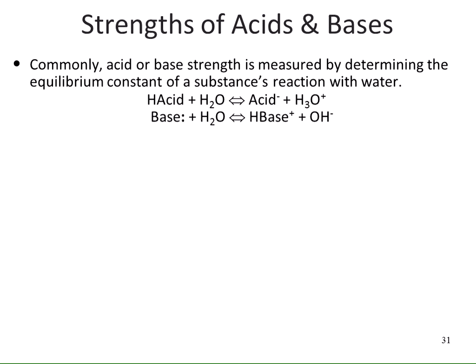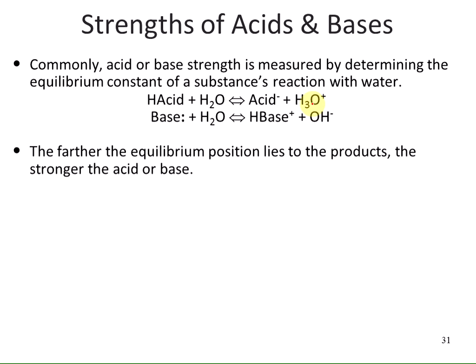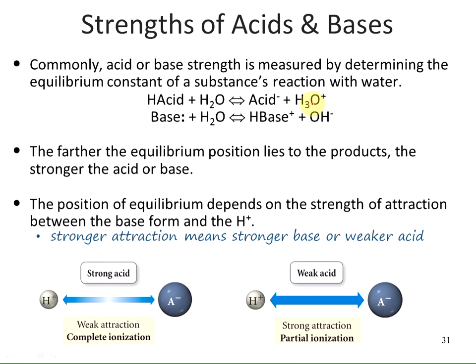Commonly, acid or base strength is measured by determining the equilibrium constant of a substance reaction with water. For example, if we're looking at an acid in water, the further the equilibrium position lies to the products, the stronger the acid or base. The position of equilibrium depends on the strength of attraction between the base form and the proton. Stronger attraction means stronger base or weaker acid.